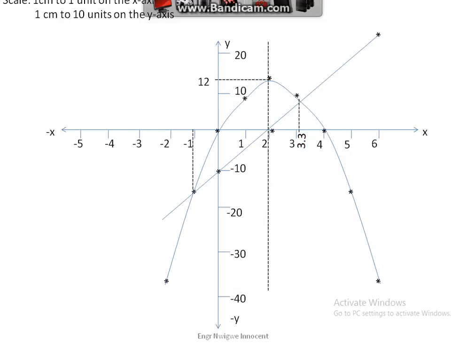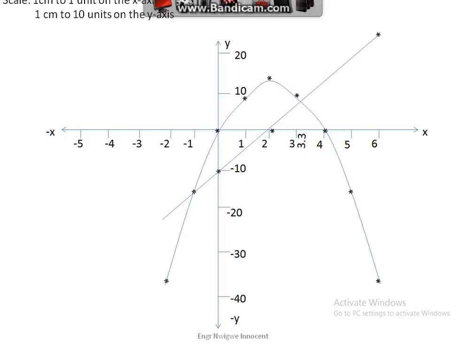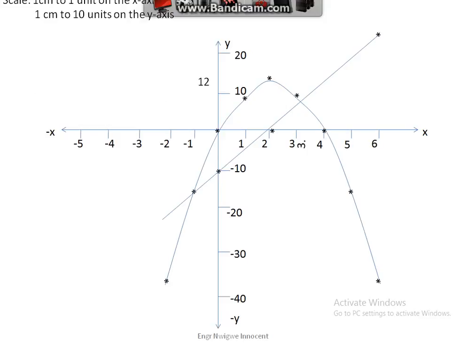If we do our factorization very well, we find from the graph that x is equal to 0 over 3, which is 0, or x is equal to 4. When 4 crosses the equality sign, it becomes plus. These are the values of x where the graph cuts the x-axis.